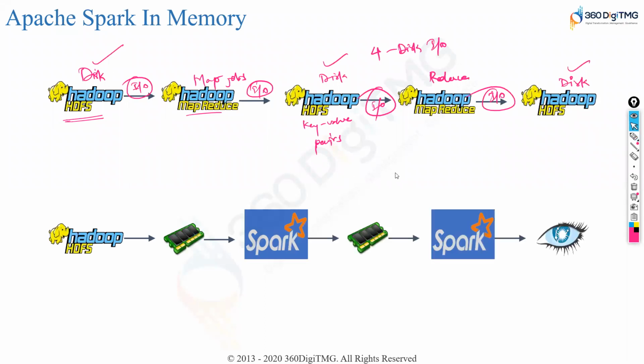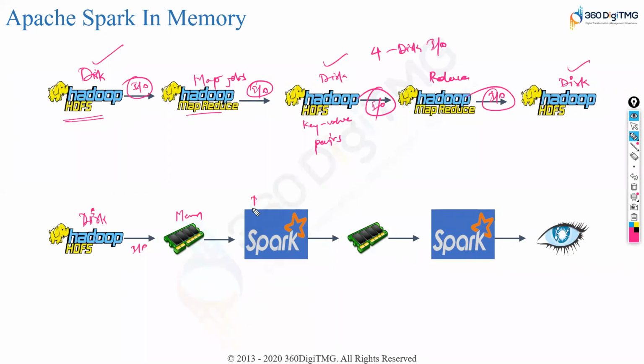But look at the flow of Spark. The first time we read the data from the disk, the disk read-write happens. We are reading the data, but where is it posting? It is posting in the memory. Once it is in memory, you don't need to do disk IO.